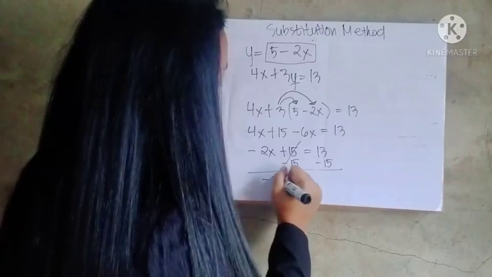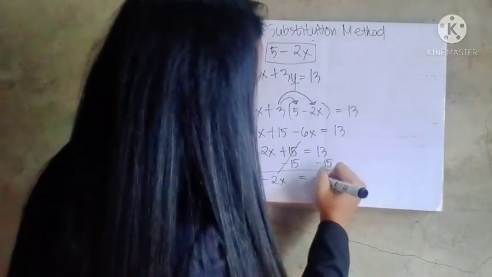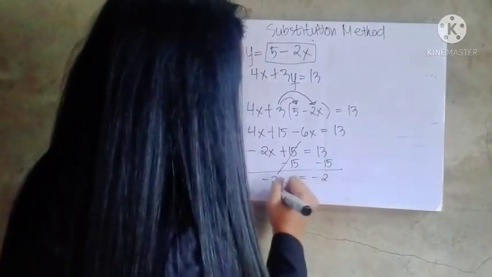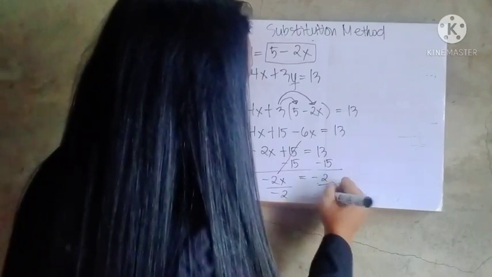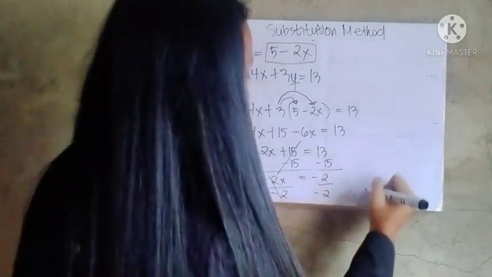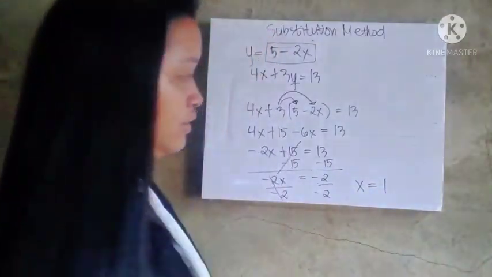So negative 2x is equal to negative 2. Divide both sides by negative 2 to find the value of your x. So our x is equal to 1.